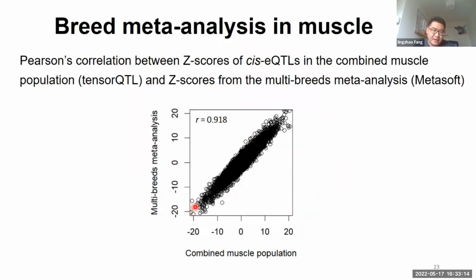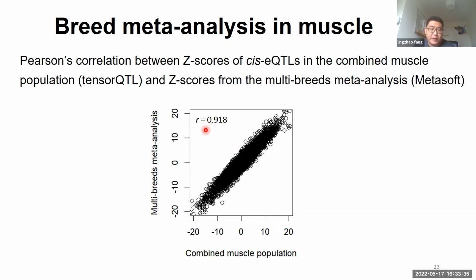You can see the effect sizes derived from the meta-analysis are highly correlated with those derived from the combined population. So this is also a good signal that the majority of the cis-eQTLs are shared across breeds.